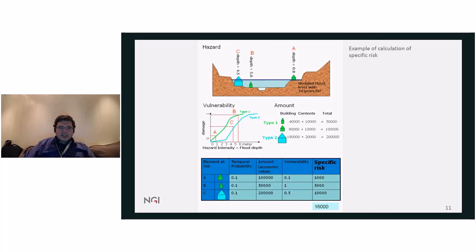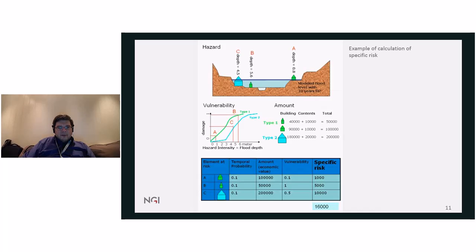This is an example of how a calculation of specific risk is performed for a case of flooding. Here we have a single event with a 10-year return period that is affecting this section of a river, or this section in an area nearby a river. This is the river.